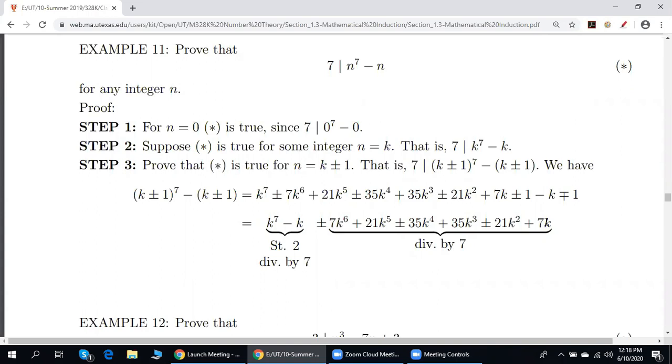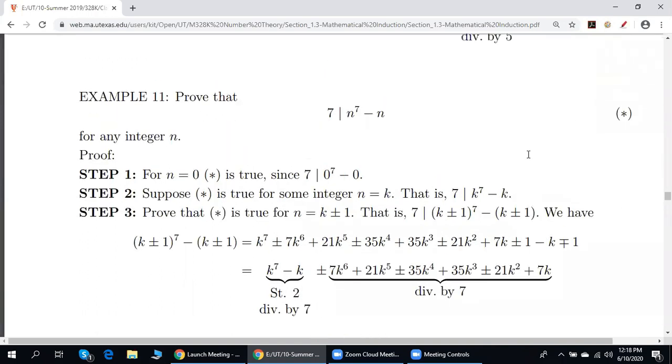Now, guys, later in this course, we will prove the following general result. Suppose p is a prime number. p divides n to the p's power minus n.